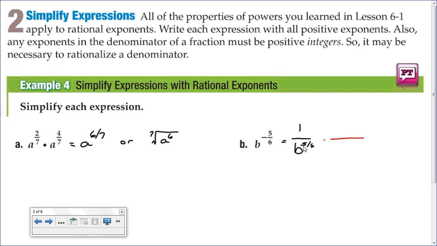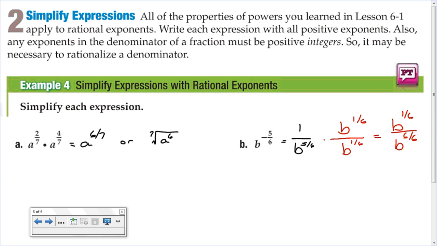In this case, to increase this power up to 6/6, I would just need to multiply this by b to the 1/6 power. Whatever you put here to keep the value of this fraction as 1, do the same thing right up here. Now multiply across, similar to what we did over here. This is just 1 times b to the 1/6, over b to the 5/6 times b to the 1/6 is b to the 6/6.